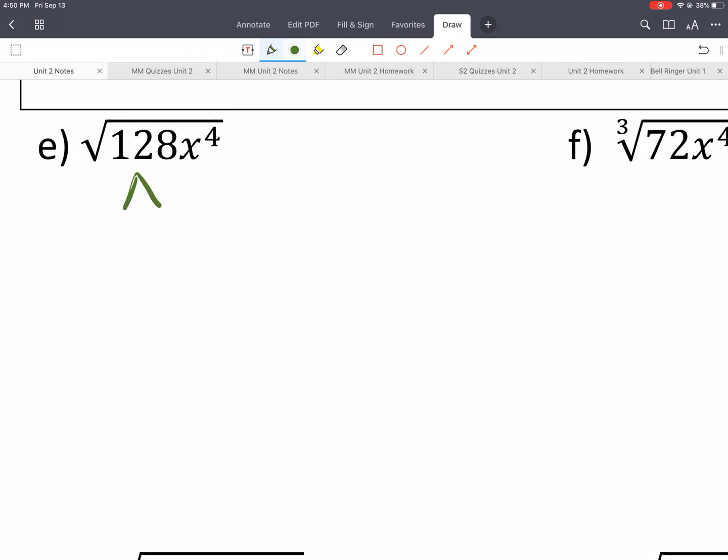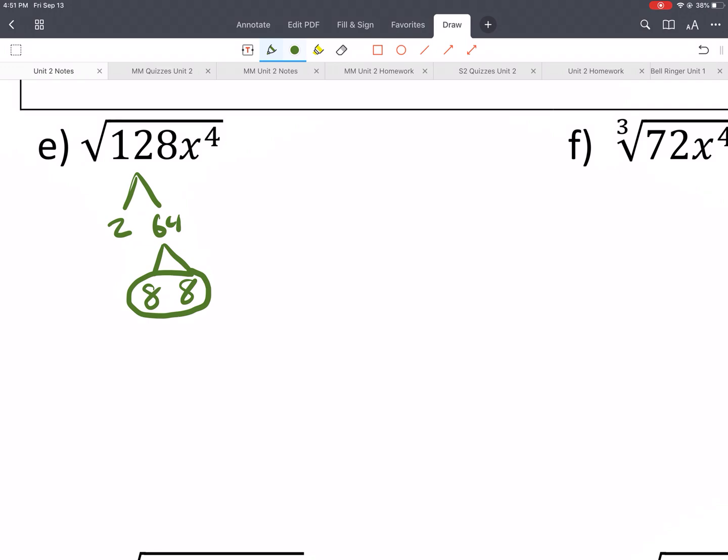So we'll do our factor tree. We could do 2 and 64, and we could do 8 and 8. Here's kind of a trick too. If you find a group of 2, even if it's not prime, we can take that out.